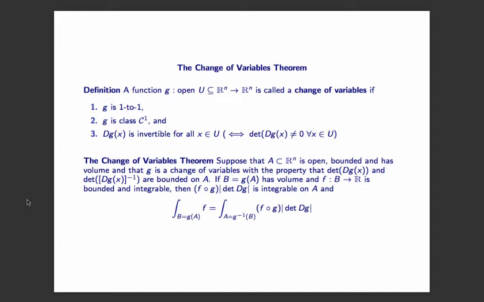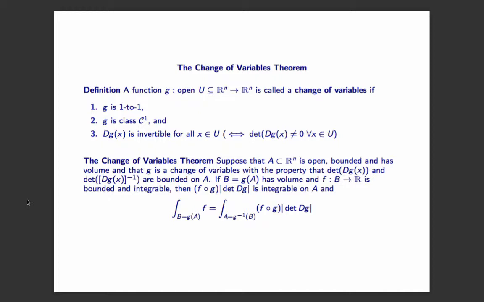Typically, G of A is some shape for which it's not so straightforward to integrate, and A is often a rectangle or some other shape for which it is more straightforward to integrate.